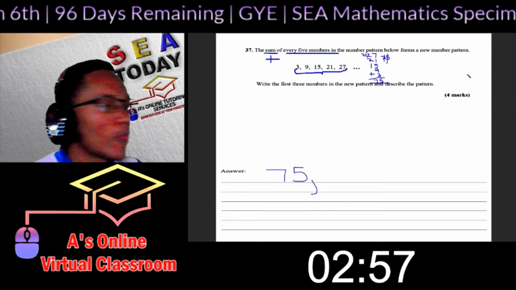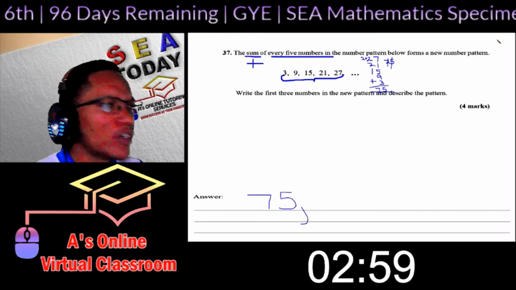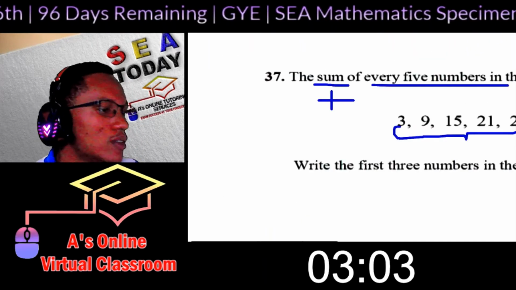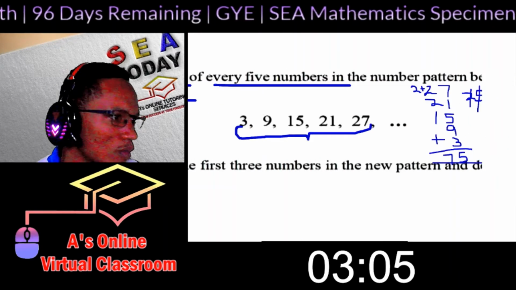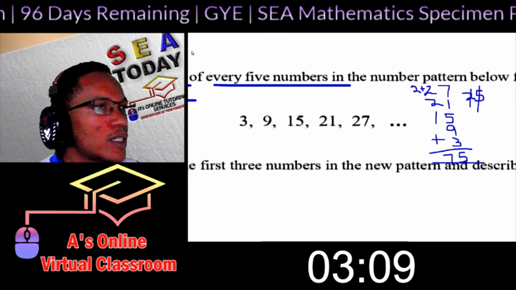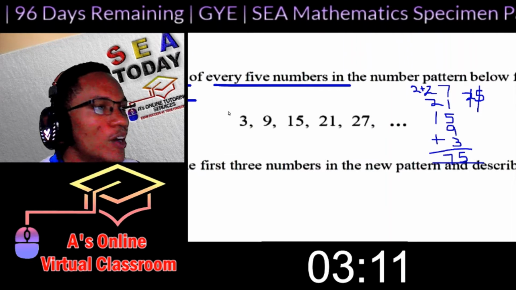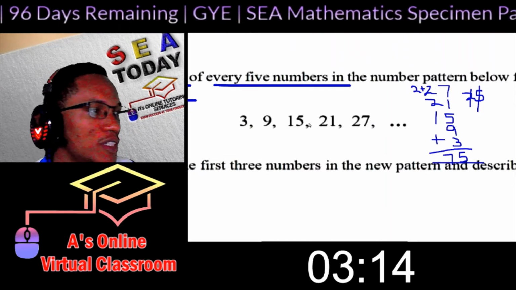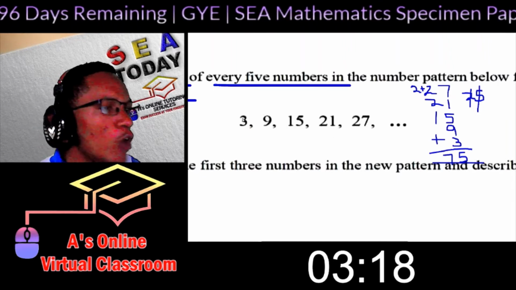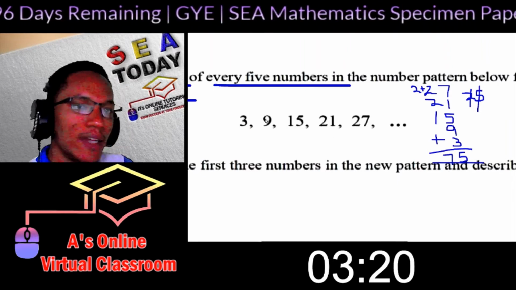Alright, so now we have to figure out what the pattern is about here. We're seeing these numbers increasing from 3 to 9 to 15 to 21 to 27. So how do we move from 3 to 9?